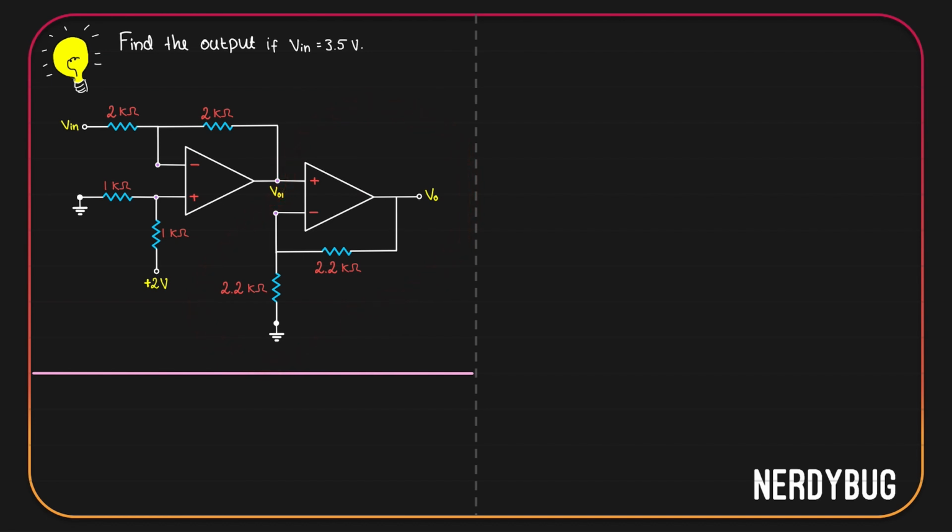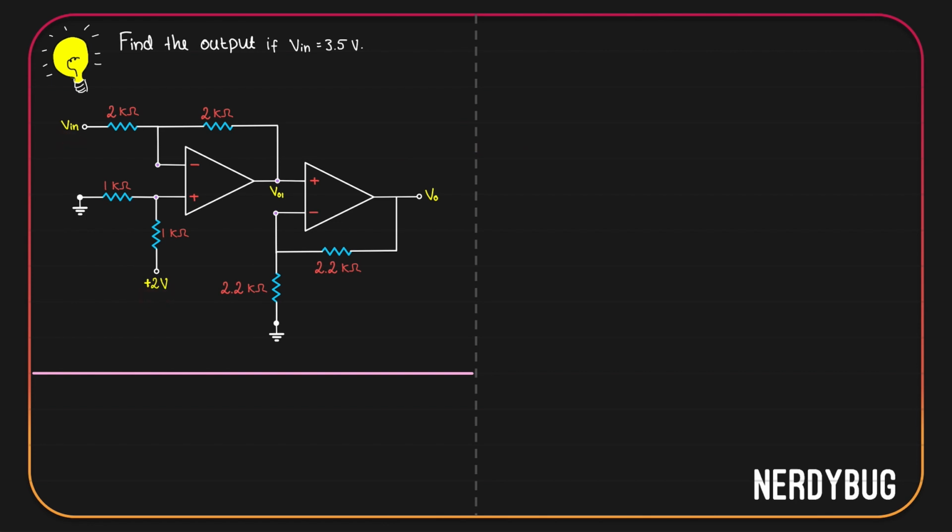Take a look at the first stage again. Is R1 by R2 equal to R3 by R4? Yes. That means the output VO1 will be equal to negative of R2 by R1 multiplied by V2 minus V1. V2 is 2 volt, V1 is Vin.